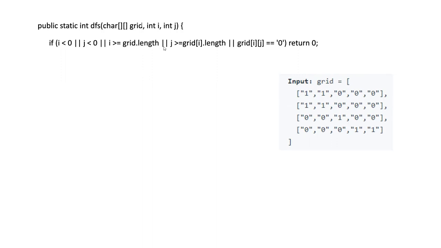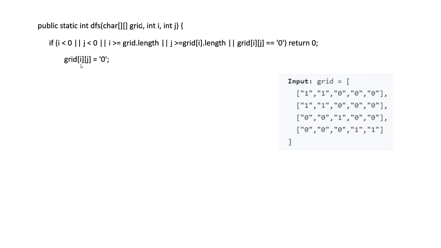Or i is greater than or equal to the grid length, or j is greater than or equal to grid i length. Like if the value is over here, well that's greater than the length of that particular array. Or grid[i][j] equals 0, then return 0. So you're like, well, we just passed in a grid that equals 1, so how can it equal 0?